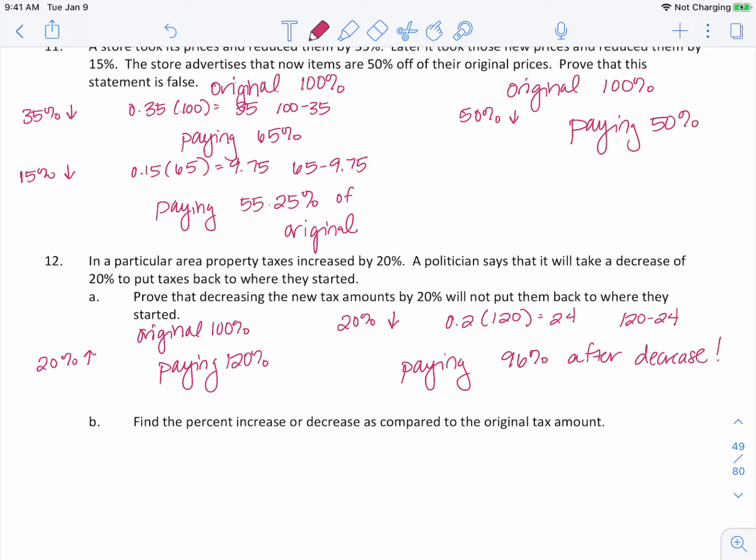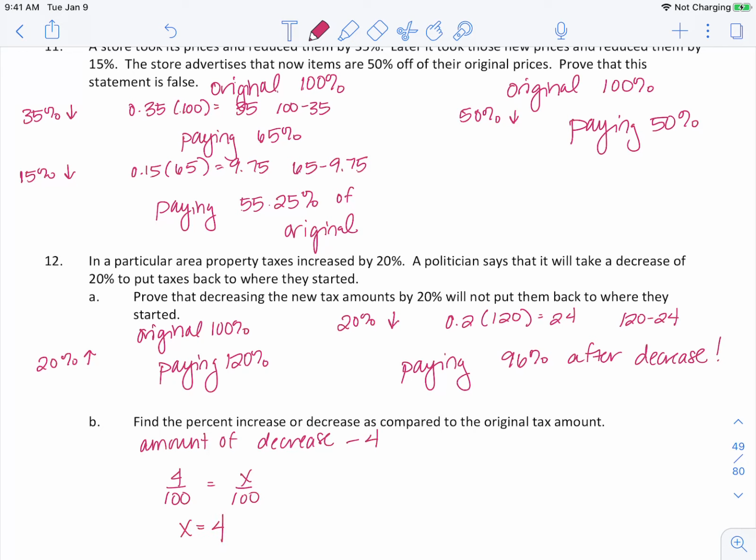And so now B says find the percent increase or decrease as compared to the original tax amount. So our amount of decrease is 4, right? 100 minus 96 gives us 4. So if 4 over 100 equals x over 100, so x is 4.